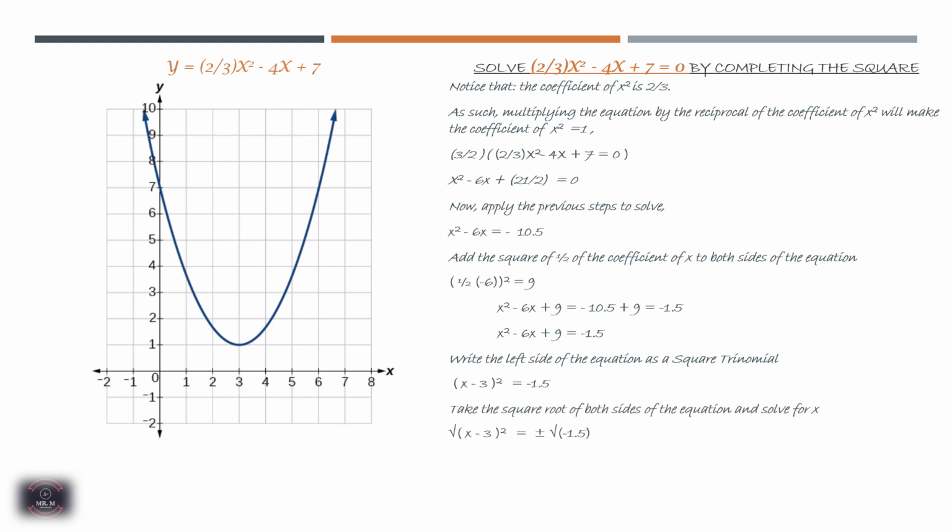Taking the plus or minus square root of both sides of the equation, x minus 3 would equal plus or minus the root of negative 1.5.